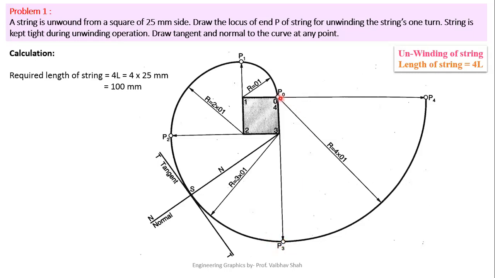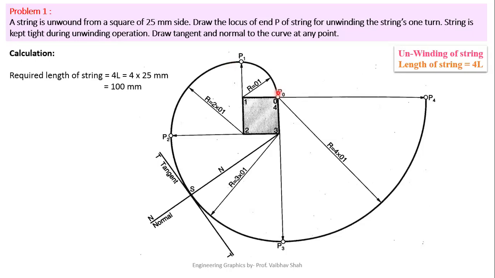Now change the center to your final point 4. Take the radius on your rounder from point 4 till your P3 point, and draw one circular arc, and it will cut this tangent line of 4 somewhere here, and you will have point P4. So as you can see, while drawing your circular arcs, the curve is already generated, which is the automatic generation of the curve by simply drawing these circular arcs with your rounder.